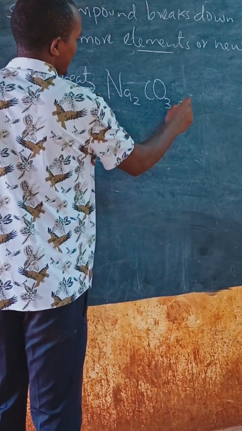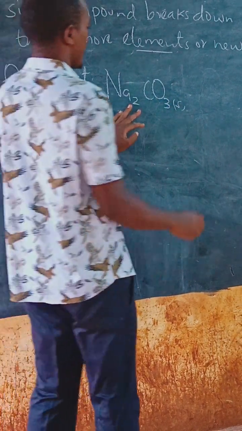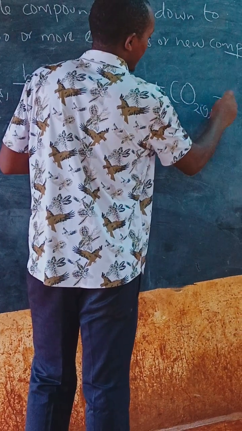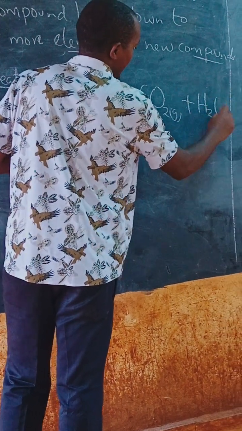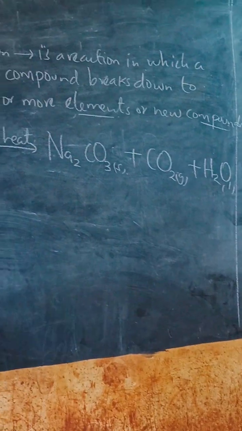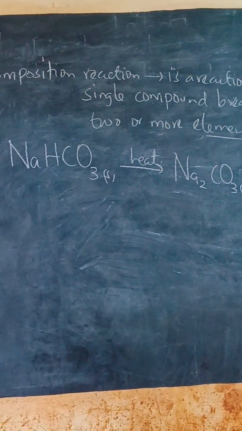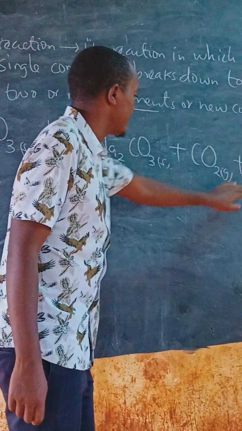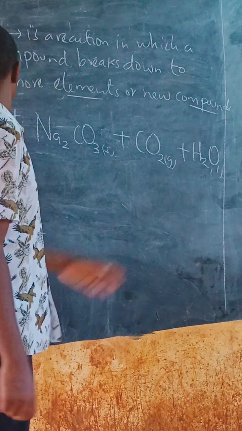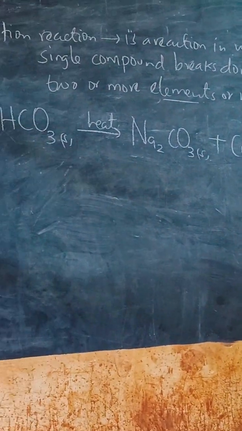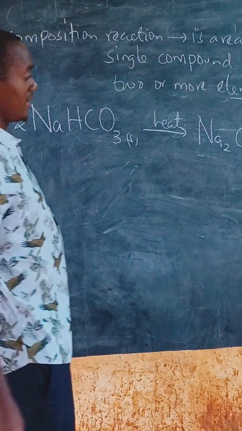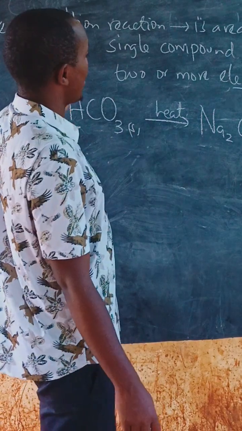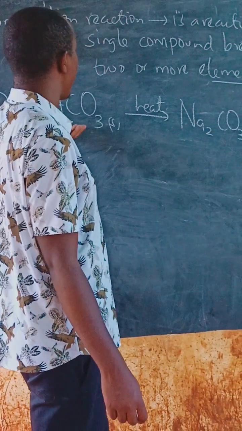These are just examples of common decomposition reactions. Sodium is 2, here is 1, hydrogen is 1, here is 2, oxygen is 6, here is 3. So what do I do to balance this equation? I put a 2 there so that the equation is balanced. So we have decomposed this compound.